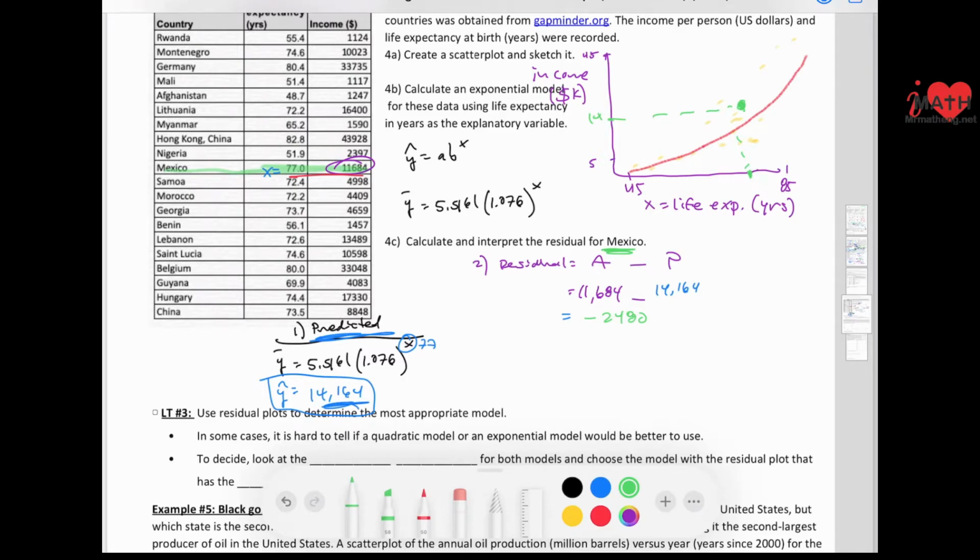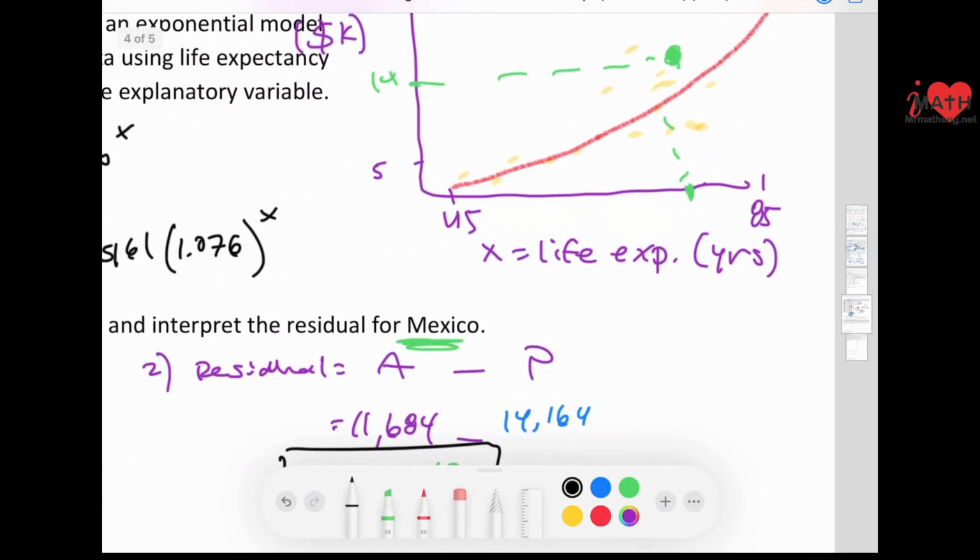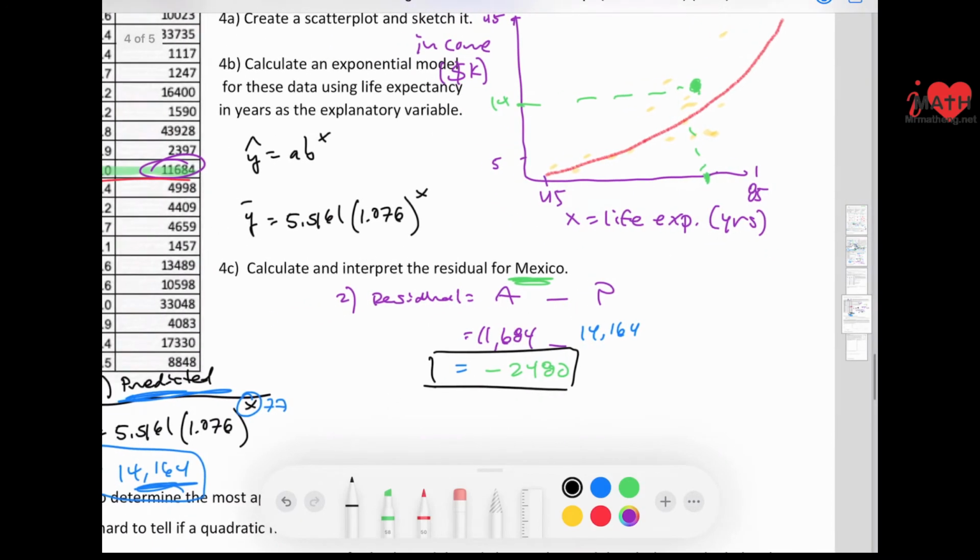Okay, but our residual is negative. It should have been below. That's the residual, negative. So let's make my graph more accurate. Of course, mine's not drawn to scale, but hopefully you're getting the visual idea. This was our predicted, and it is below.